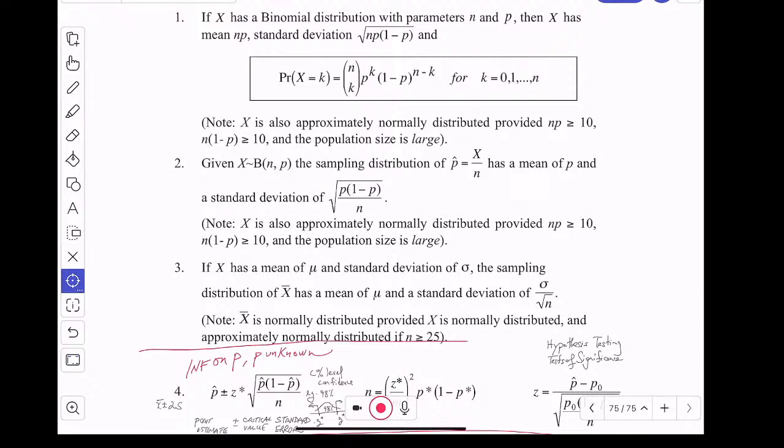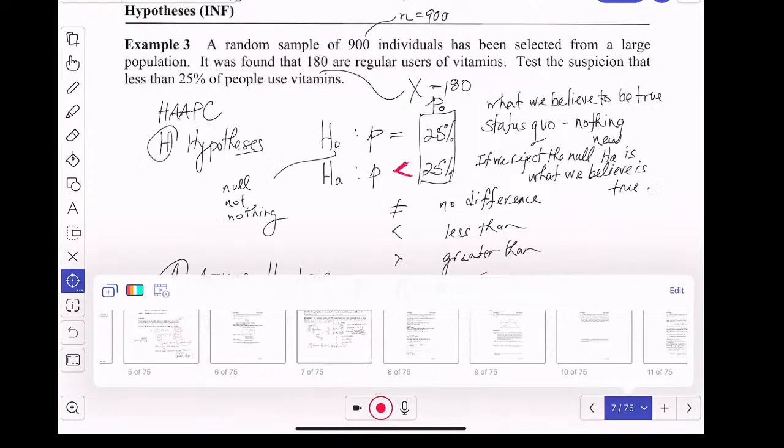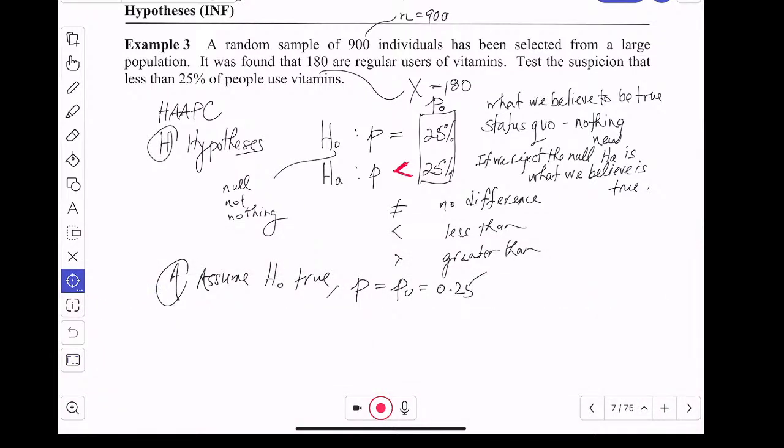So we're going to assume H naught is true, so that P hat is approximately normal with a mean of P naught, because I've assumed H naught true, so P will be P naught. And the standard deviation is equal to the square root of P0 times 1 minus P0 over n.